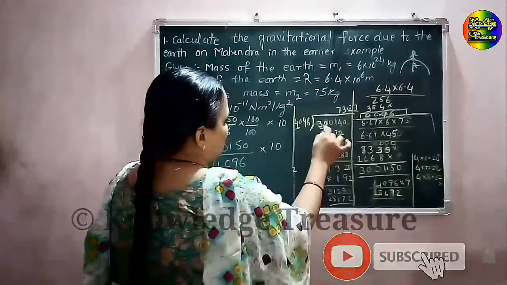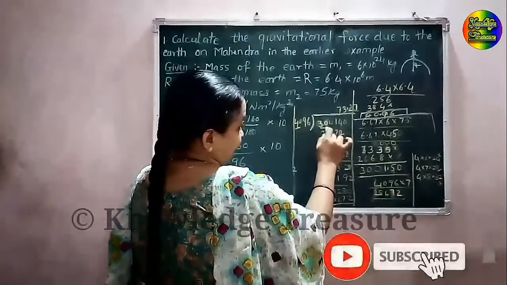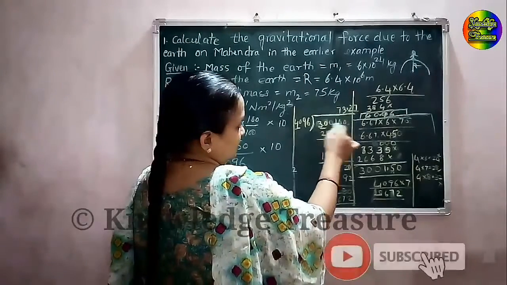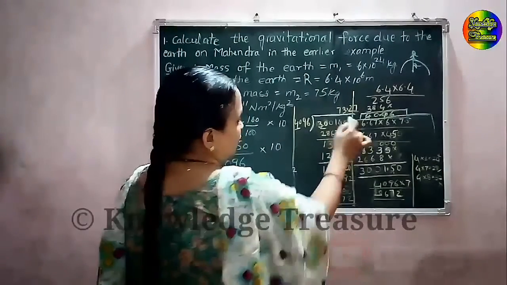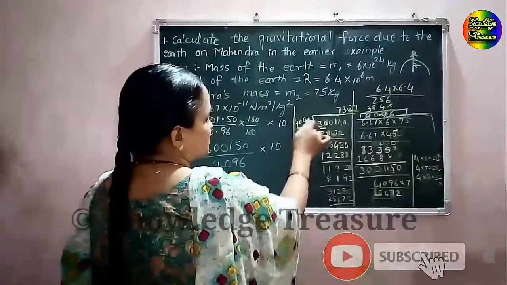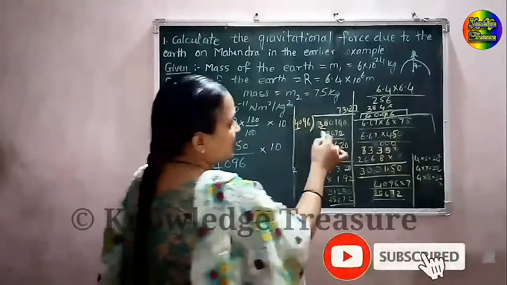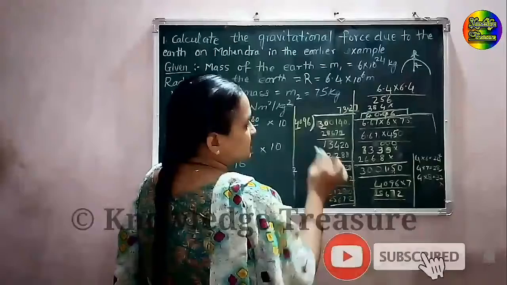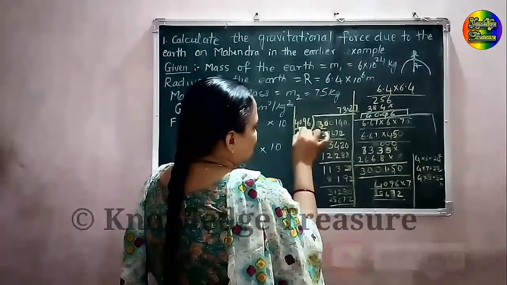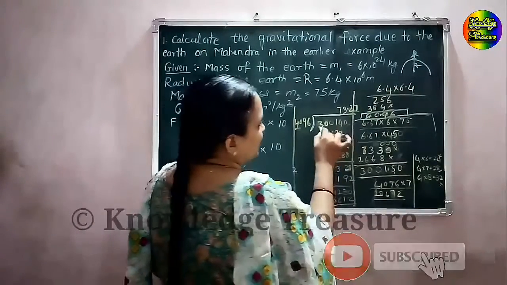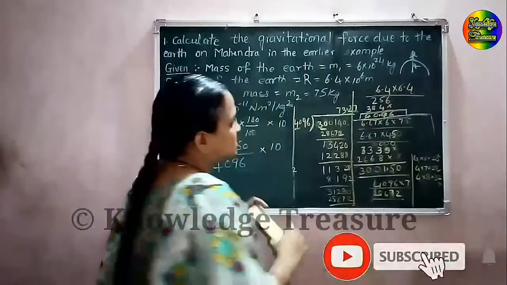Now the division of this one, it is shown here. You can see 3,140 upon 4096. While dividing this, first consider only one digit of the divisor and only two digits of the dividend.